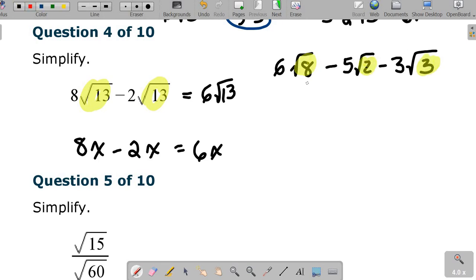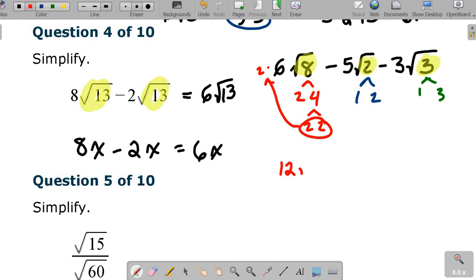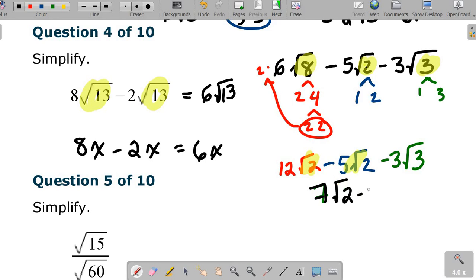But if you factor each thing, so the red, we can pull a pair of 2's out. 2 times 6, that's going to be 12 root 2. There's nothing to pull out here, so that'd be negative 5 root 2. And then minus 3 root 3. Now these two can collect. 12 minus 5 is 7 root 2 minus 3 root 3. And that's as far as you can go here.